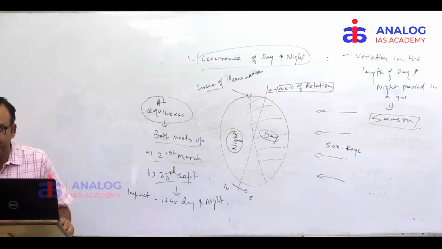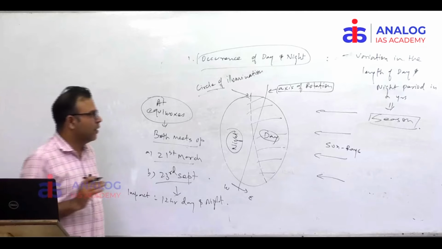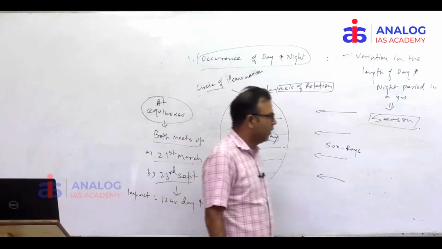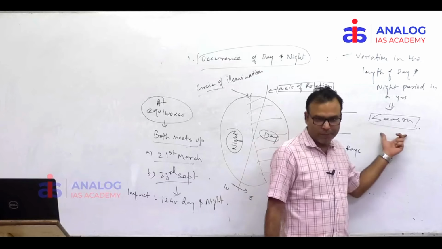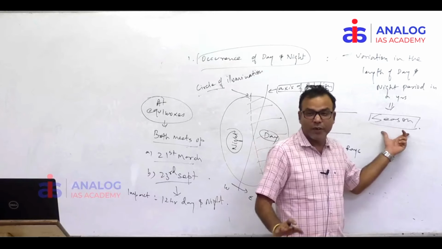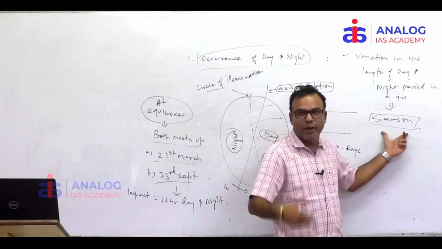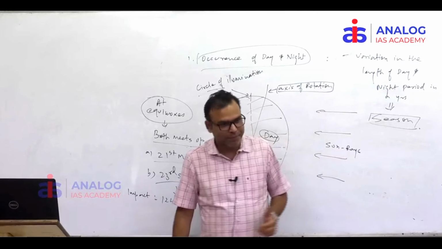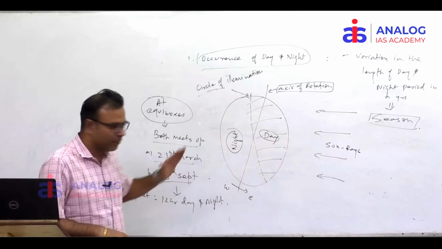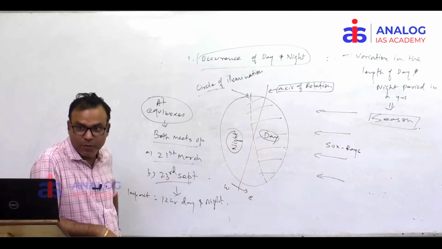That happens. Variation in the length of day and night period in a year is producing a new concept. Concept of what? And for that, rotation is not helping. You have to go with revolution, you go with tilt in that case. Wait for some time.